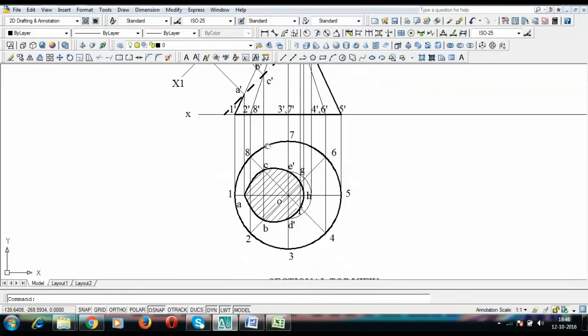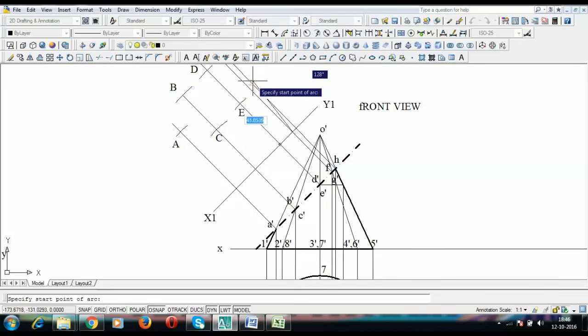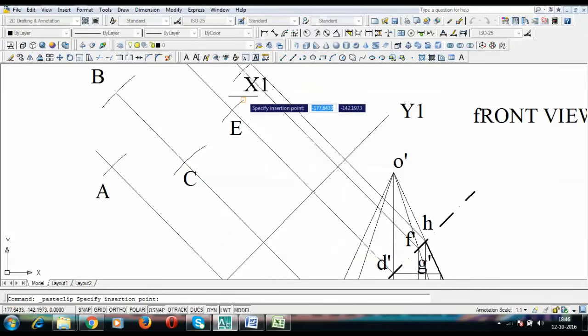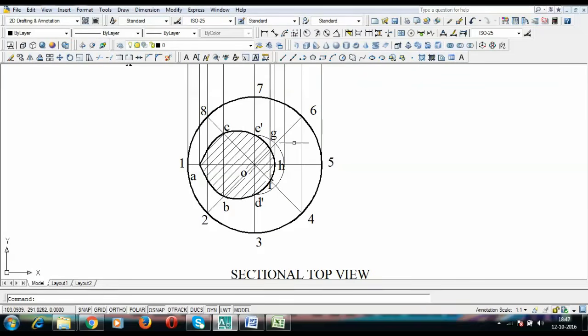Okay, 47. So point G is going to be along this line, 47. So this over here is point G.